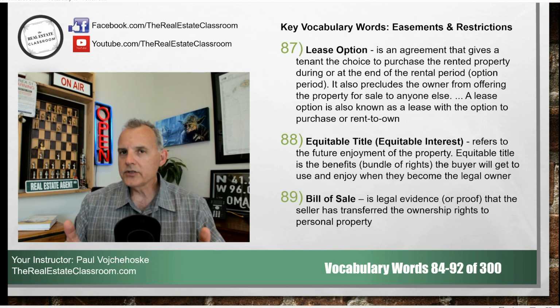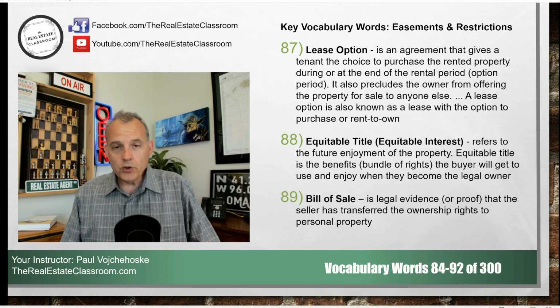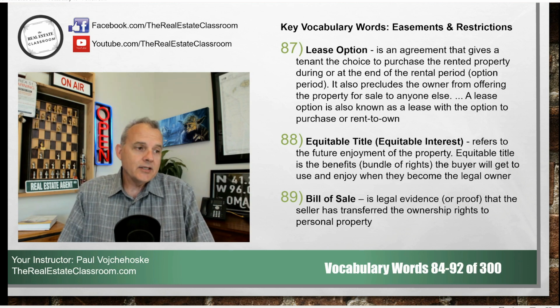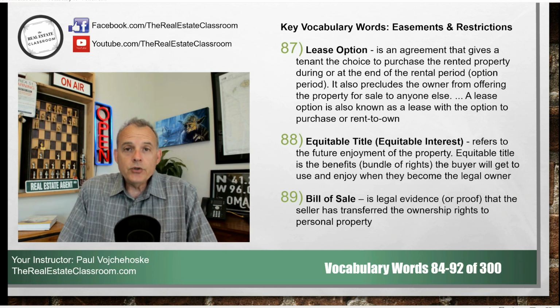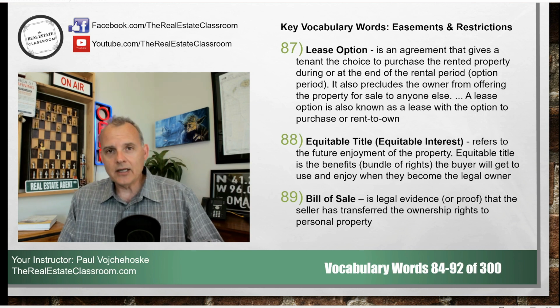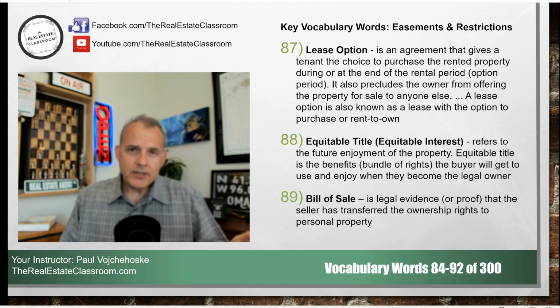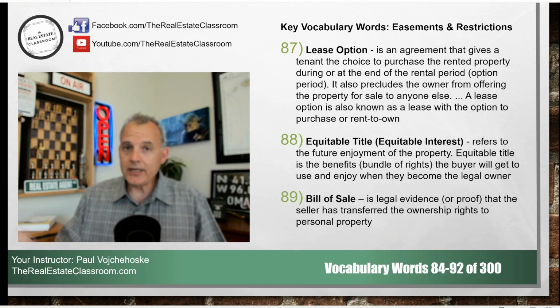So I'll give you just a layman's example. Let's say that you own a rental property. You want to sell it right now. The current tenant is the first person you go to, and you say, hey, do you want to buy this property? You live here already. I'm going to sell it. And they say, listen, I would love to buy this property, but I work for a company that may be transferring me in 3 or 4 months. I don't want to buy the property until I know for sure.